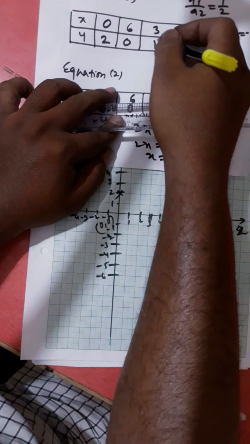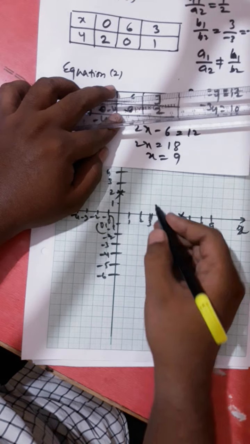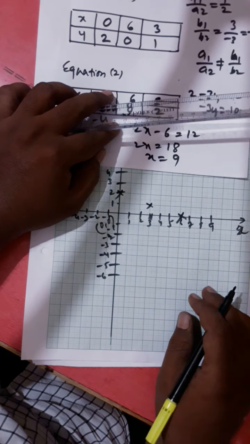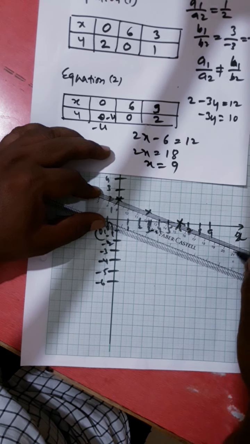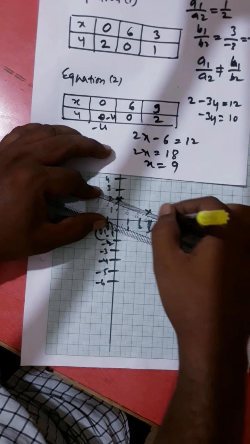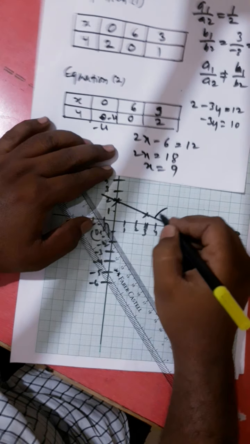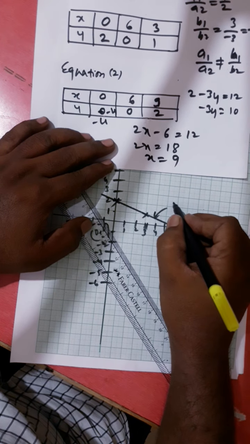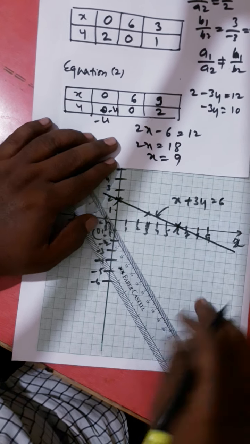Third point, x 3, y 1, x 3, y is 1. By joining all these points I will get a straight line like this. This is going to represent which line? X plus 3y is equal to 6.